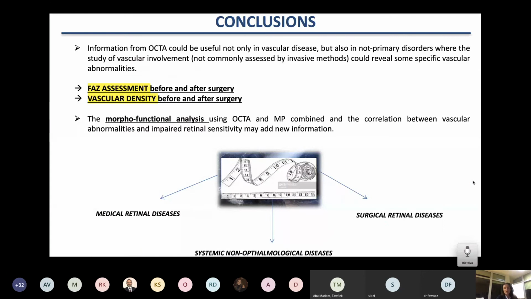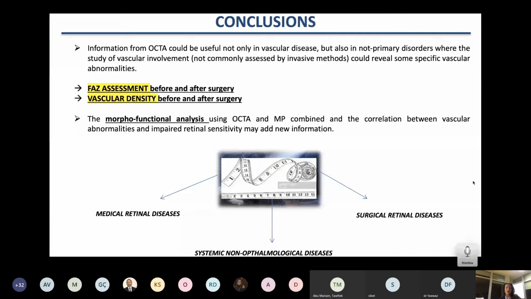So in conclusion, really in conclusion, as we know in medicine, we need to take measurements. We need to have some quantitative biomarkers. Therefore, we can say that OCT angiography gives us the possibility of studying in a non-invasive way some quantitative parameters that could be proposed, maybe, if further studies confirm these results, as new diagnostic biomarkers in many retinal diseases, including surgical diseases.